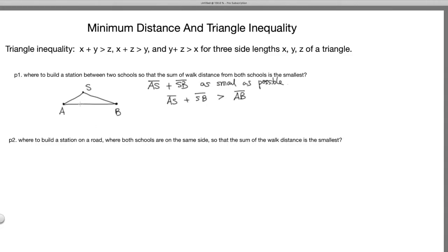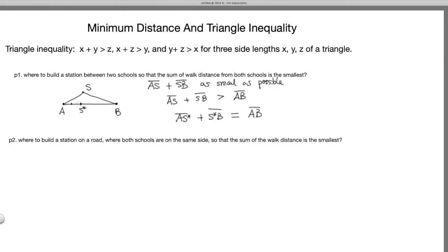And if we build S on this line segment, let's put S star here, then AS star plus S star B is going to be AB. From A to S and then to B is the same as from A to B. So the shortest distance, or the optimal station, should be built along this line segment between A and B. And it does not matter where it is.